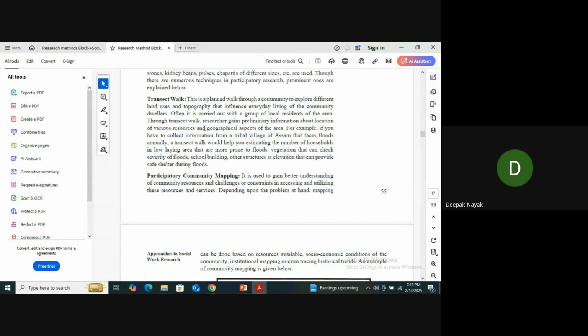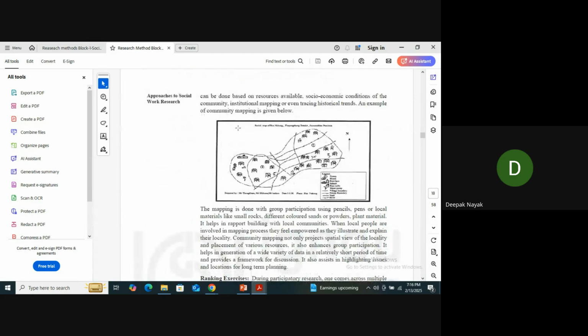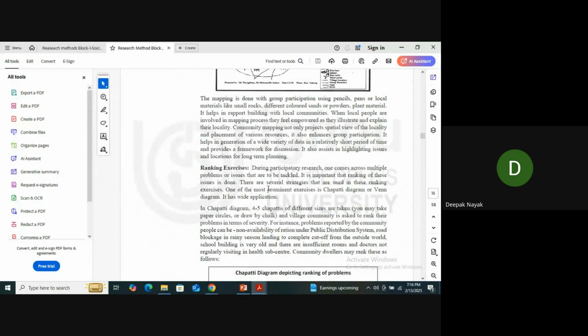Why do these happen? Scarcity of irrigation. All these things are understood through transect walk or walk and talk.